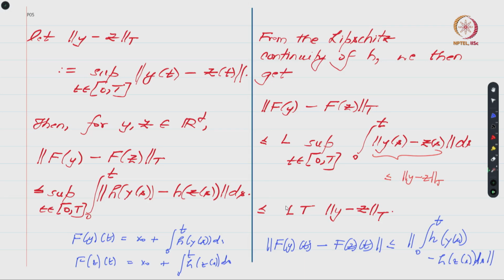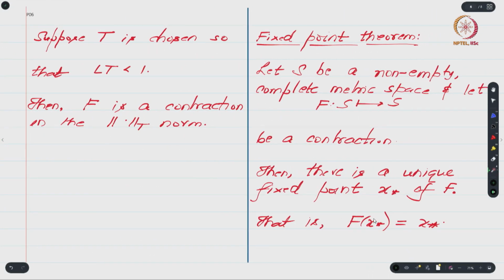So whatever input trajectories you give me, y and z, the distance between the outputs will be strictly less than LT times the distance between y and z. That is, the distance between the outputs actually shrinks relative to the distance between the inputs. So this is what we mean by f being a contraction.